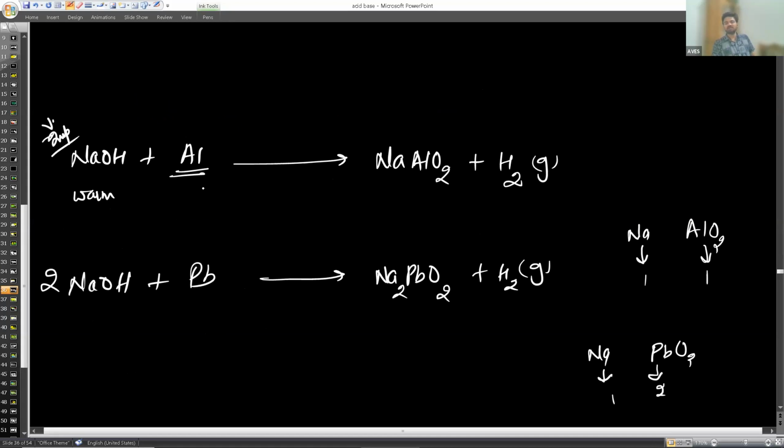This is a base, it is a metal. Base plus metal will give you salt plus hydrogen gas. Similarly, with lead it will give you sodium plumbate plus hydrogen gas. You have to remember the formula of this.